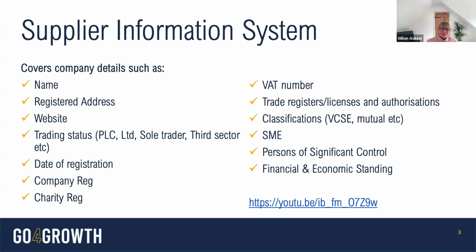And the importance of the supplier information system as part of that selection process is that the information you put into the supplier information system in the central digital platform will, when you are bidding, be pulled through to what the public sector are calling the e-sender units, which are the procurement portals.